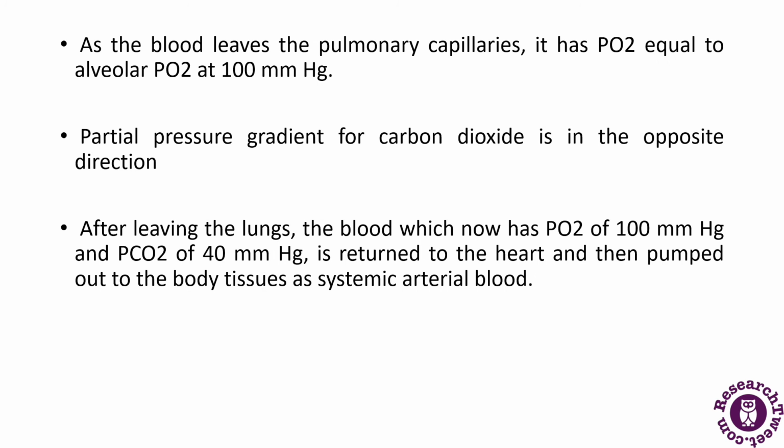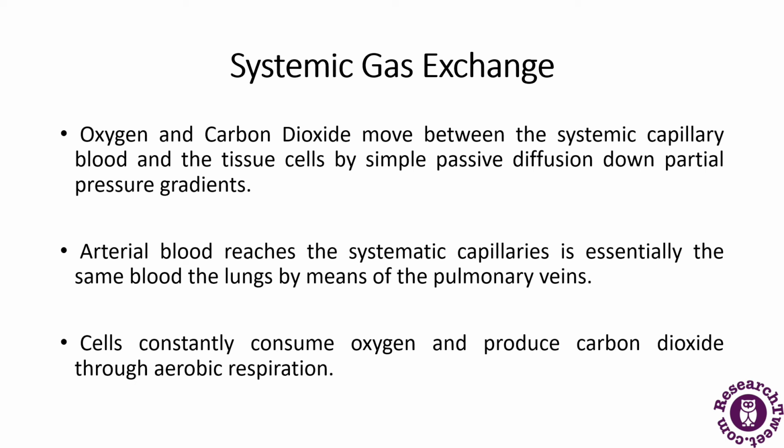Next is about the systematic gas exchange. In case of systematic gas exchange, like the case of the pulmonary capillaries, the oxygen and the carbon dioxide move between the systematic capillary blood and the tissue cells by simple passive diffusion down partial pressure gradients.